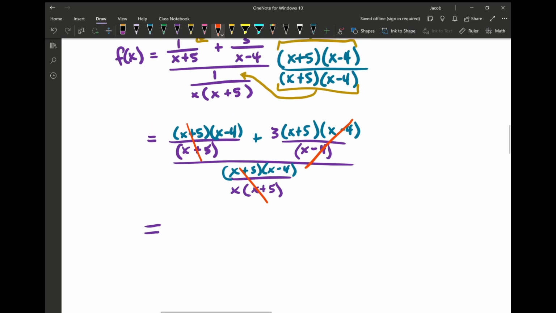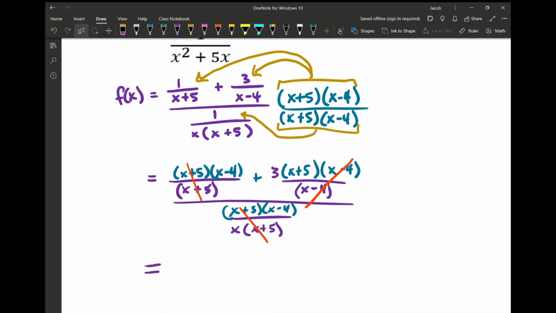Now, I have forgotten to include this x as a part of that least common denominator, but I can go back and add that in. Not a problem. And I know I did that incorrectly because I didn't get everything to divide away.